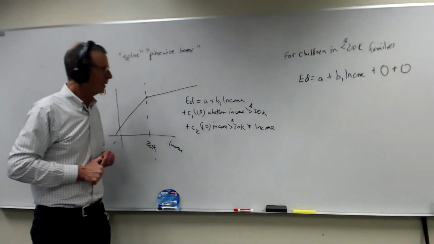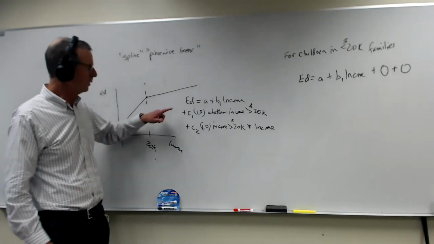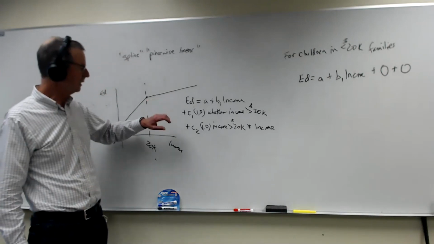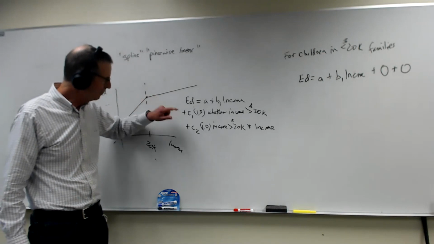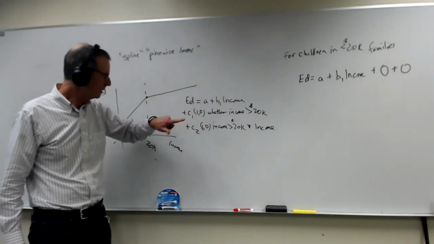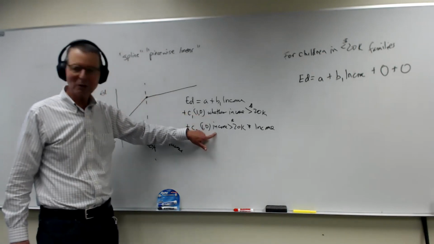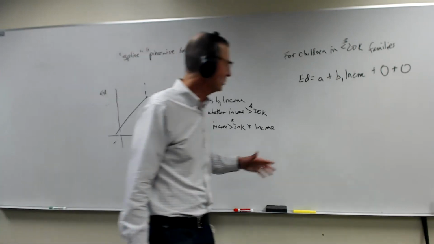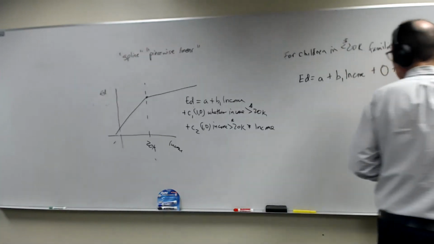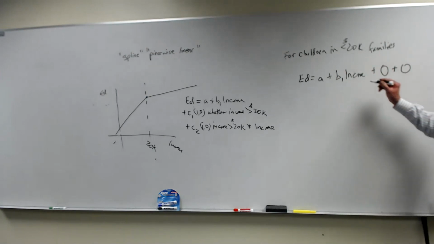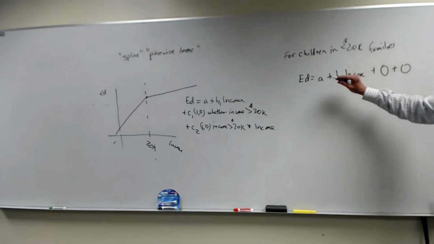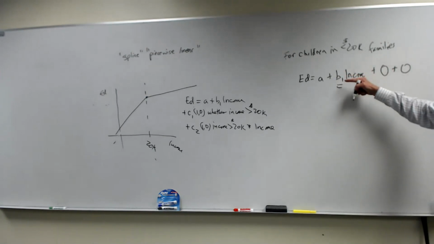So we're just plugging in to this equation. What would the less than 20,000 kids look like? For them, this value is 0, and the first part of this interaction is 0. So their equation is just education as a function of income. This B1 coefficient is going to capture what their income effect is.